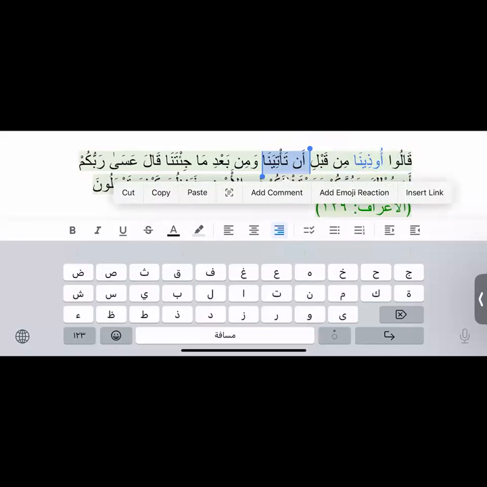Some are saying it is nasb. Why should it be nasb in status? No. The mudare is mansoob because of an, but the combination, al-masdar al-muawwal, my dear sisters. What's the status of al-masdar al-muawwal? It is majroor because it is mudafun ilayhi. Good job, Azra. Good job, Sister Shamim, and good job, Aisha.